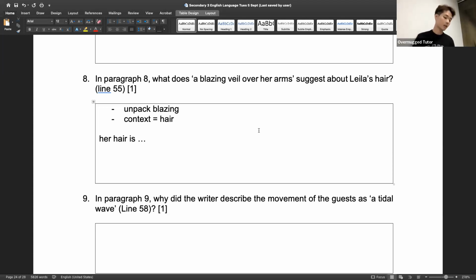Her hair was something. There are two parts to this answer. Blazing is one, and then veil over her arms.